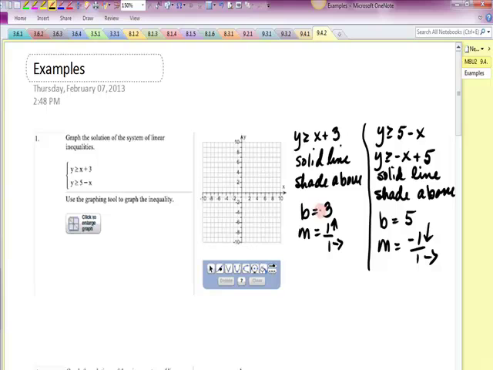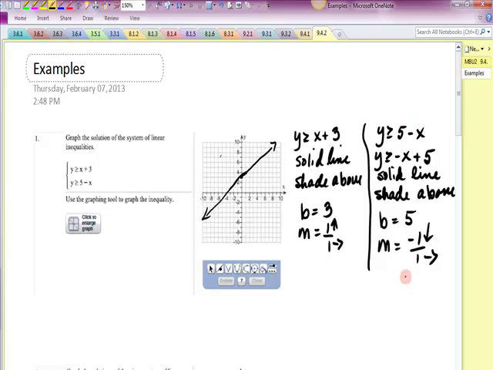I will draw this line beginning at 3, going up 1, right 1. I know it is a solid line. Now I'm going to think about but not do the bucket part yet. I know I am shading above it. Hold that in your mind.